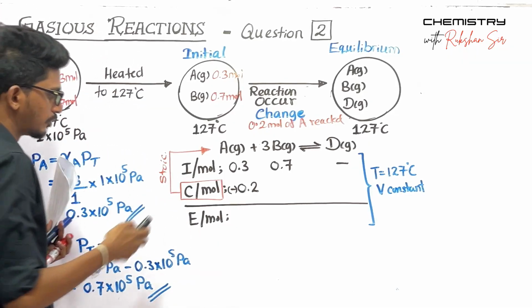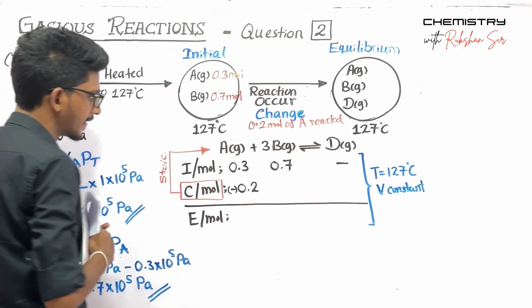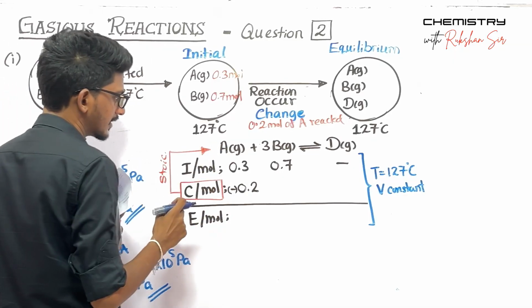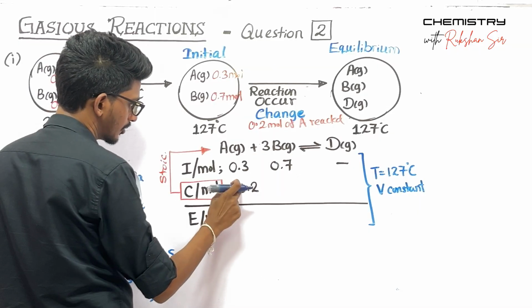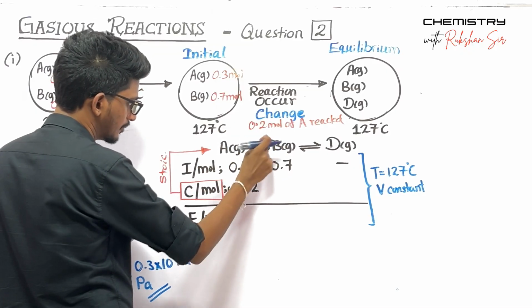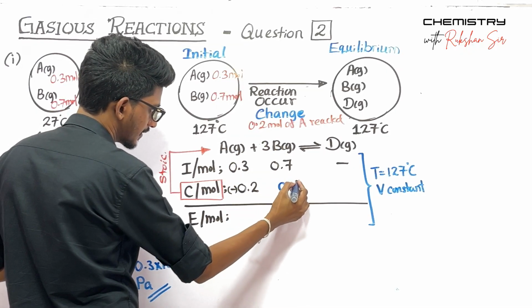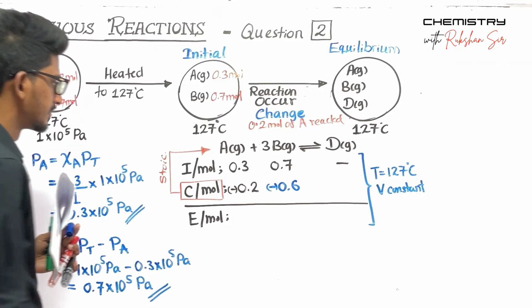So if 0.2 is to react from A, three times that amount should react as B. So 0.2 for one portion, for 3 portions it is 0.6 reacted, consumed, minus values.